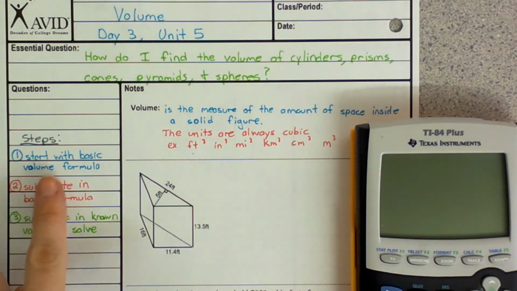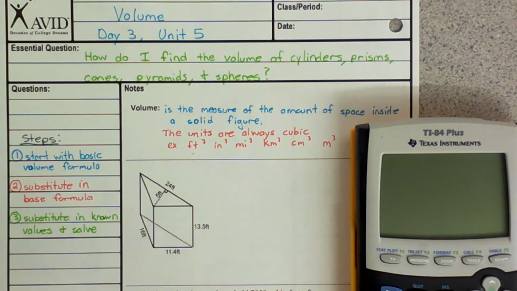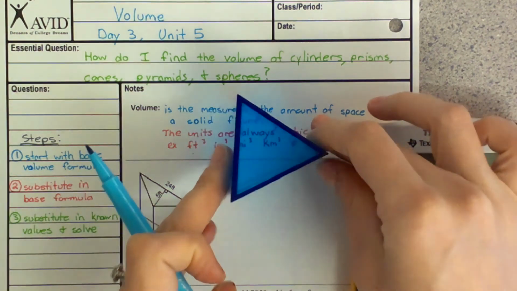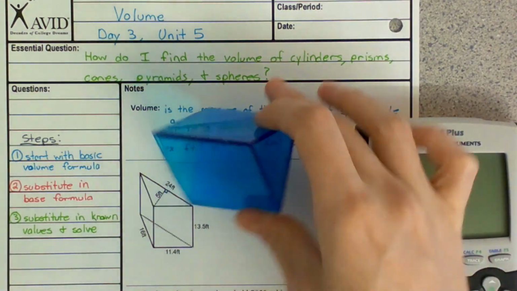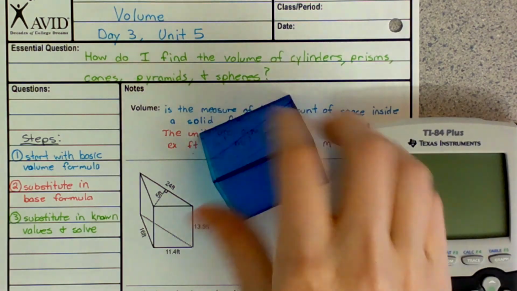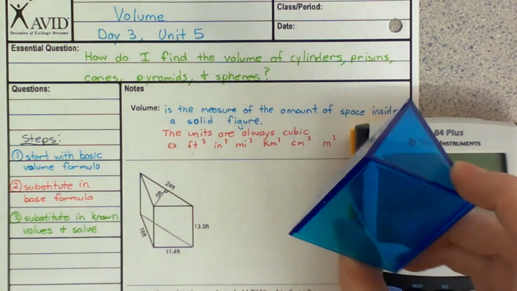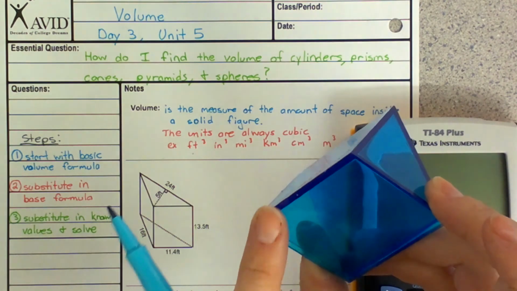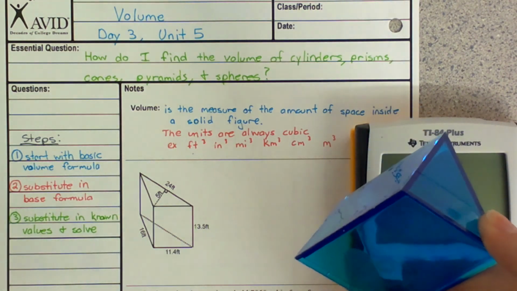So over here, we're going to start with our basic volume formula, and it doesn't matter what we are finding the volume of. Here I have a triangular prism. It doesn't matter if it's on its side, turned left, turned right.